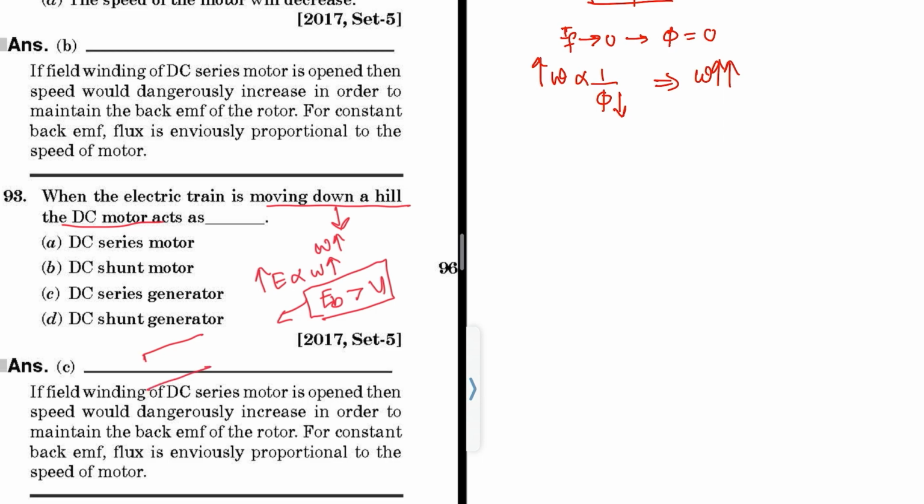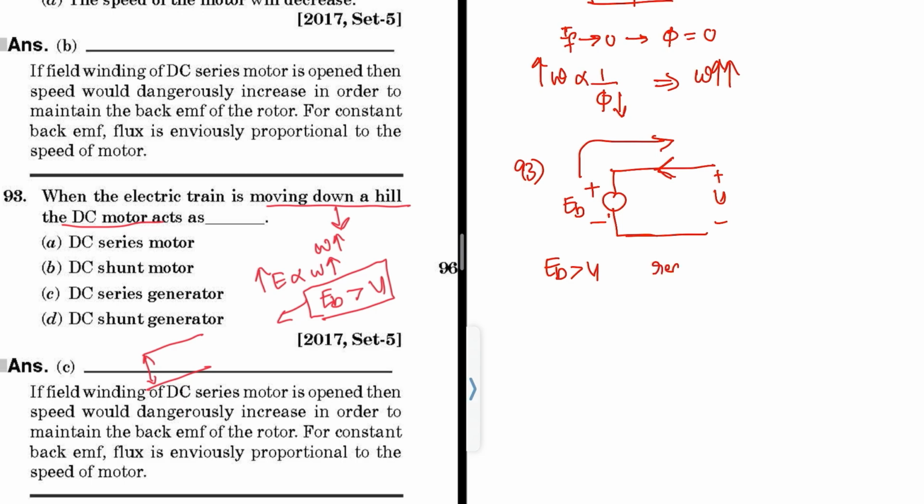Generally, a DC motor is supplied power from the voltage source, and it has the back EMF EB. But if EB is greater than V, then the motor will supply power back to the source. This is the condition that happens.